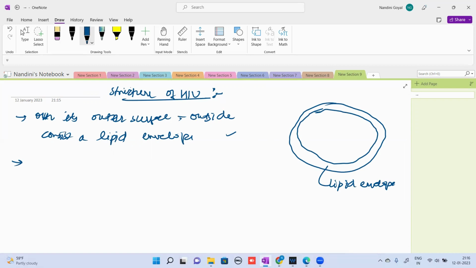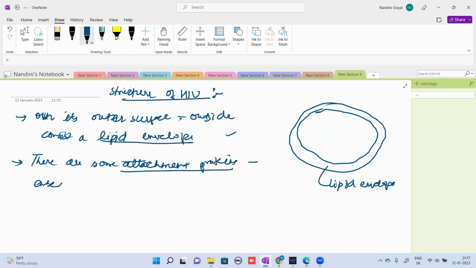The second point is there are some attachment proteins. The lipid envelope is important here, and there are some attachment proteins that are embedded in the lipid envelope. So these proteins are like this.